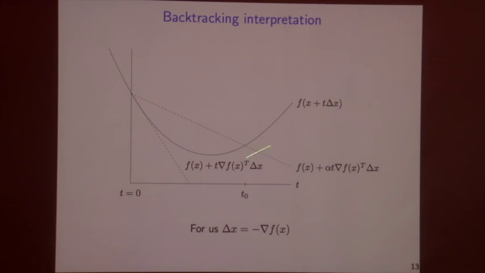So this is plotted as a function of t, the step size. Ideally, you would like to take this step size, because it is the one that gives you the lowest objective when you parameterize your new location as a function of t. What backtracking line search is doing is just telling you, well, don't be too greedy.